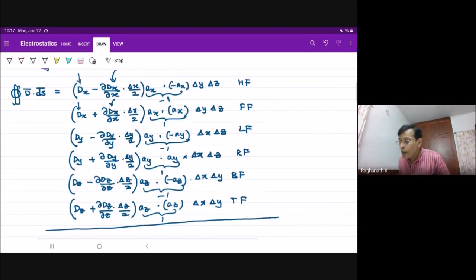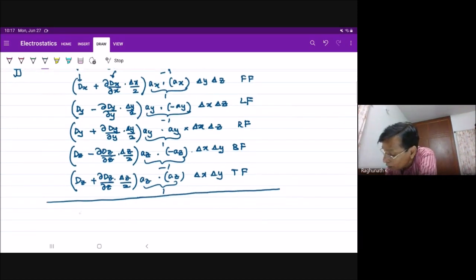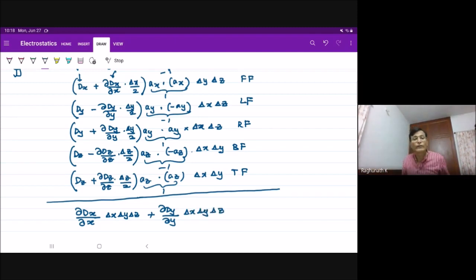So ∂dx/∂x into Δx by 2 times Δy Δz is what? ∂dx/∂x into Δx Δy Δz, plus the next two terms: ∂dy/∂y into Δx Δy Δz plus ∂dz/∂z into Δx Δy Δz.